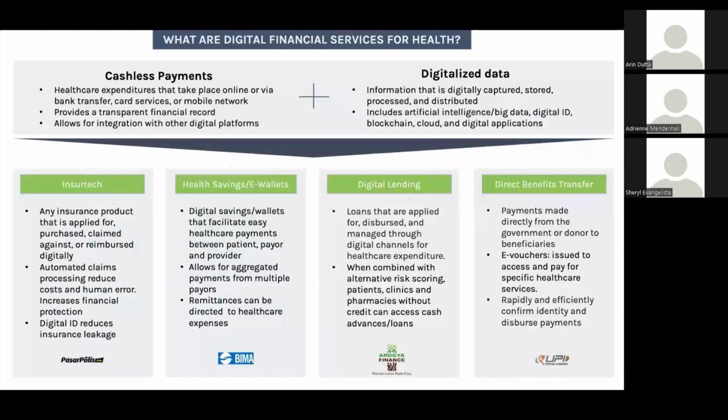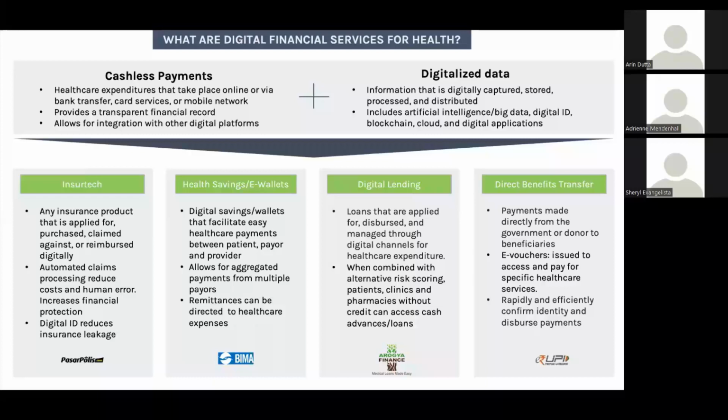What are digital financial services for health? There are many ways to map out all of the different models and applications of digital financial services in the healthcare system. But at its most basic level, it is the integration of cashless payments and data to build innovative financing models.